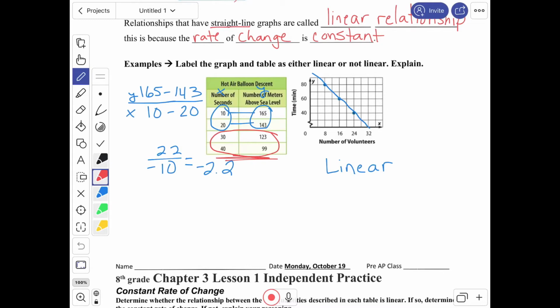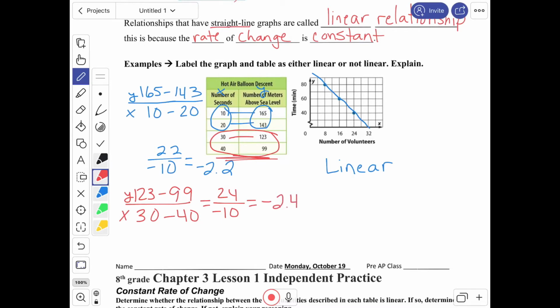And then I want to check these and see if I get the same answer. If I get the same answer, then it is constant. So again, put the y's on top. So 123 minus 99, and x is on bottom. The number that went with 123 was 30, minus 40. 123 minus 99 is 24. 30 minus 40 is negative 10.